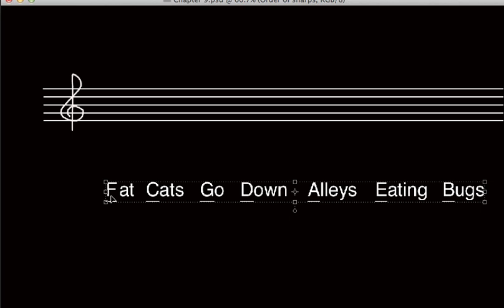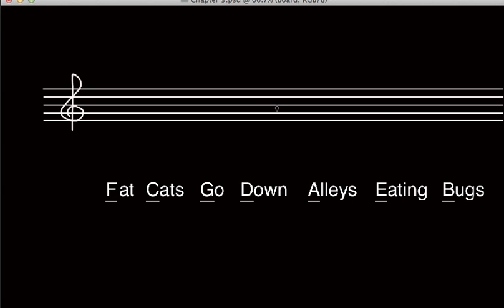So for example, the first sharp is going to be F, the second one's going to be C, the next one's going to be G, the one after that is going to be D, A, E, and B. So this is the order of the sharps. If you remember "fat cats go down alleys eating bugs," you know the order the sharps are going to appear in the key signature.